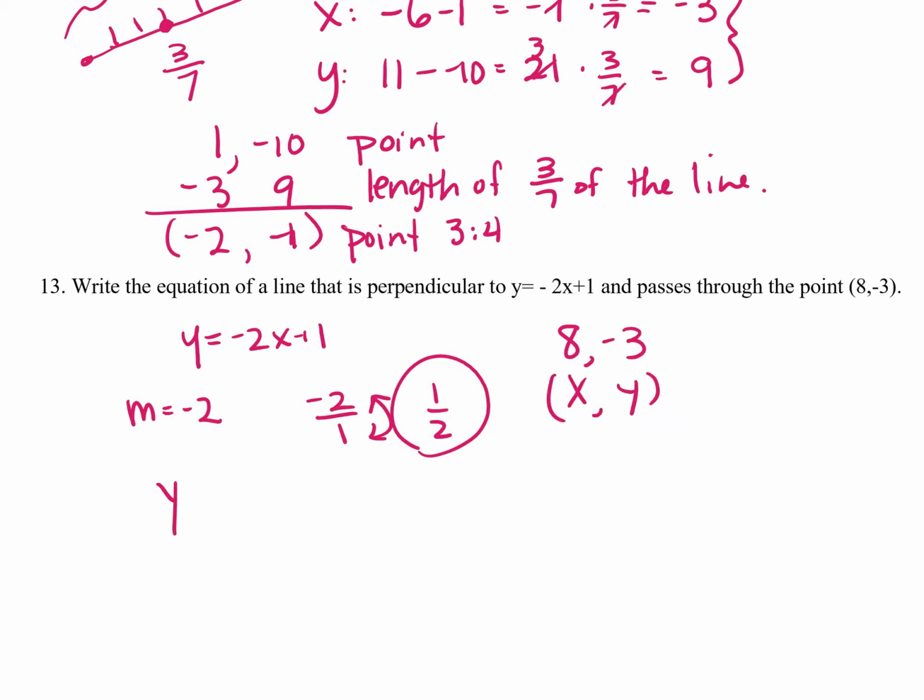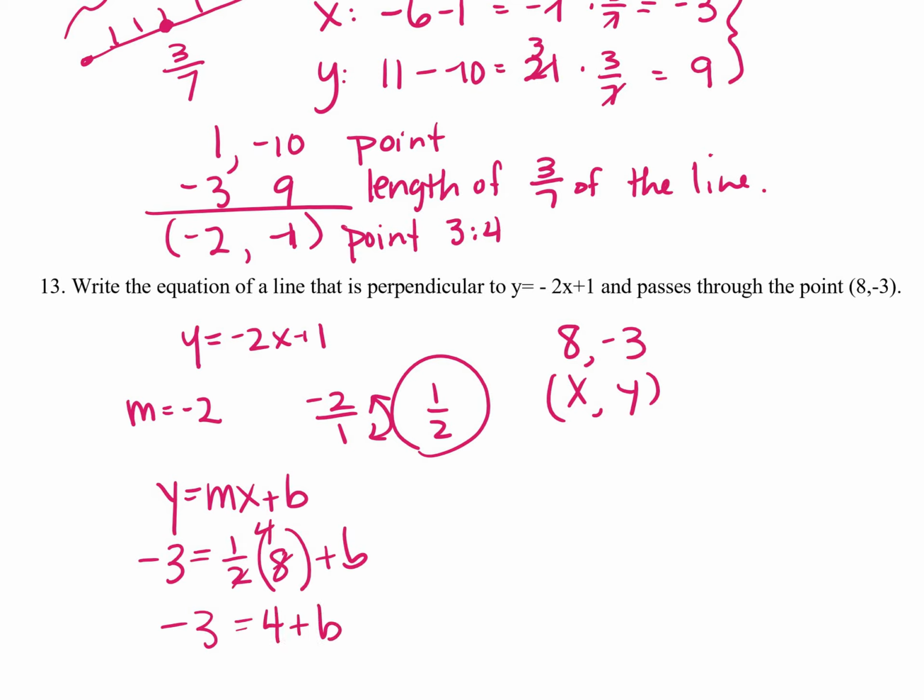So I'm going to take y equals mx plus b. That's your standard equation for slope-intercept form. I'm going to plug in -3 equals 1/2 times x plus b. We don't know the new intercept. -3 equals 1/2 times 8. 2 goes into 8 4 times, so 4 plus b.